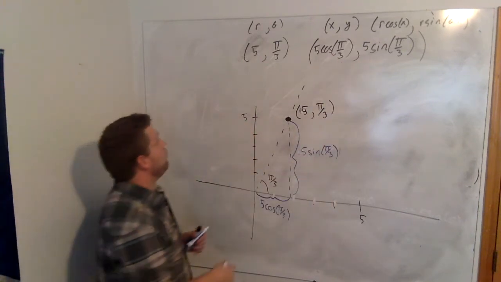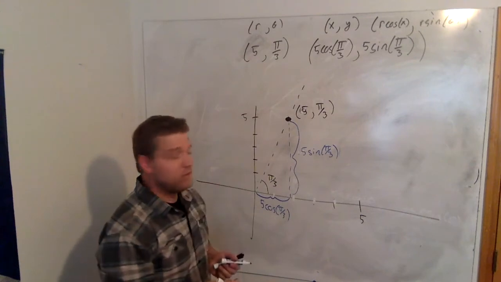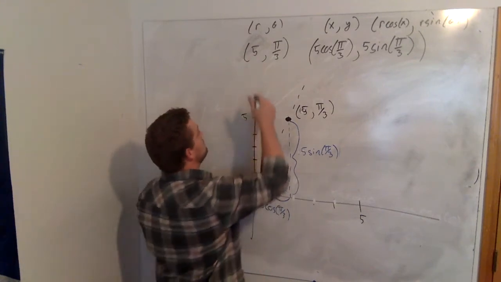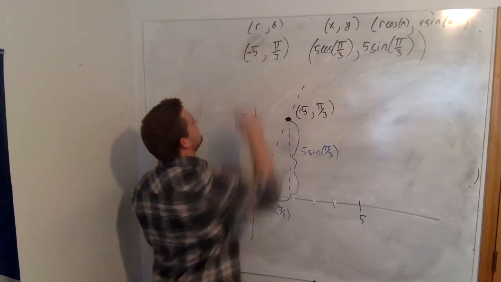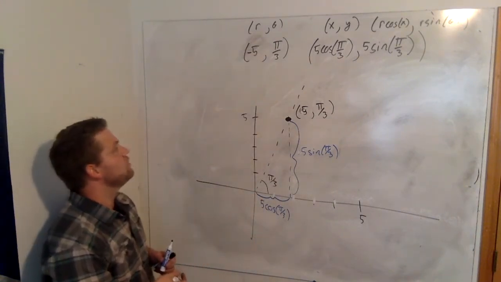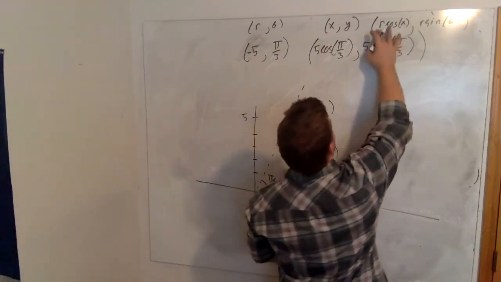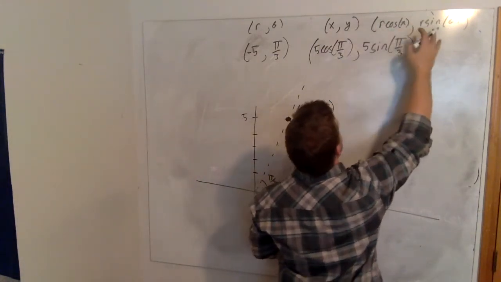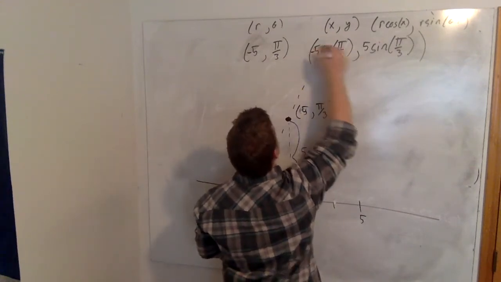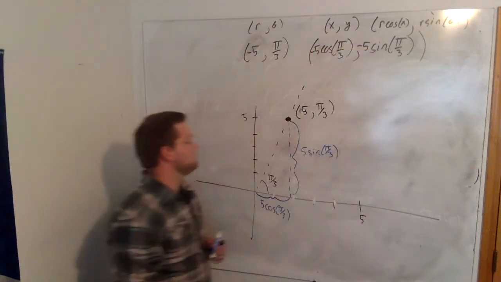Okay, well, what if we change this problem, and what if it wasn't a positive 5, but it was a negative 5? So what if we put a negative here instead? Does this make any sense? Well, following the formula that x should be r cosine of theta and y should be r sine of theta, that means the difference here is I should have negatives on the radiuses.